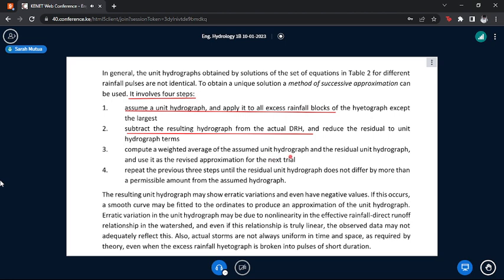Then compute the weighted average of the assumed unit hydrograph and residual unit hydrograph. And then repeat the previous steps until the residual unit hydrograph does not differ by more than a permissible amount from the assumed hydrograph.